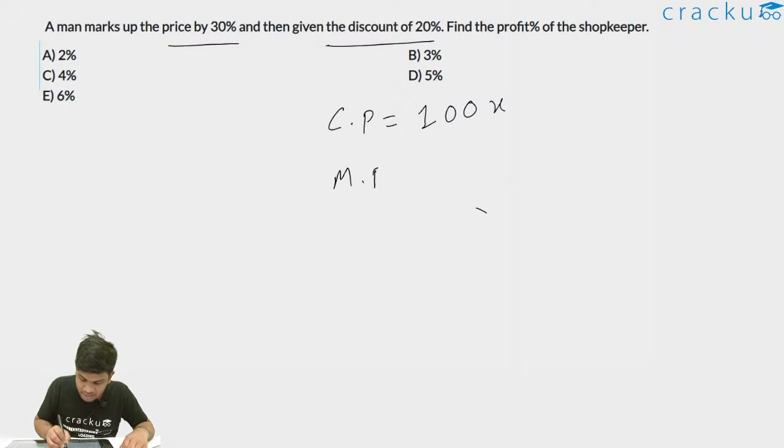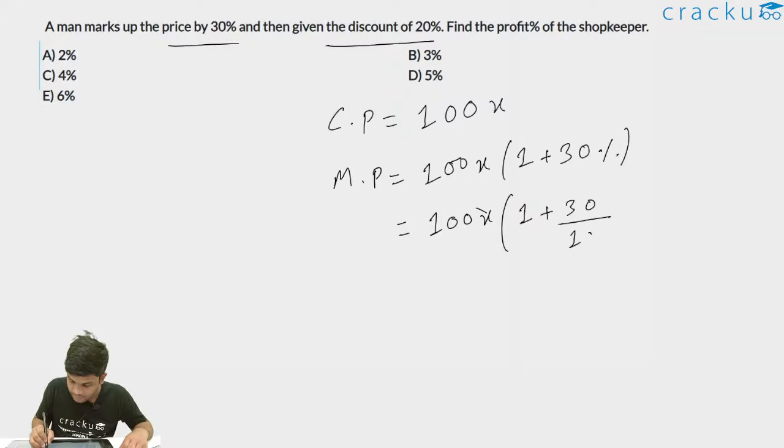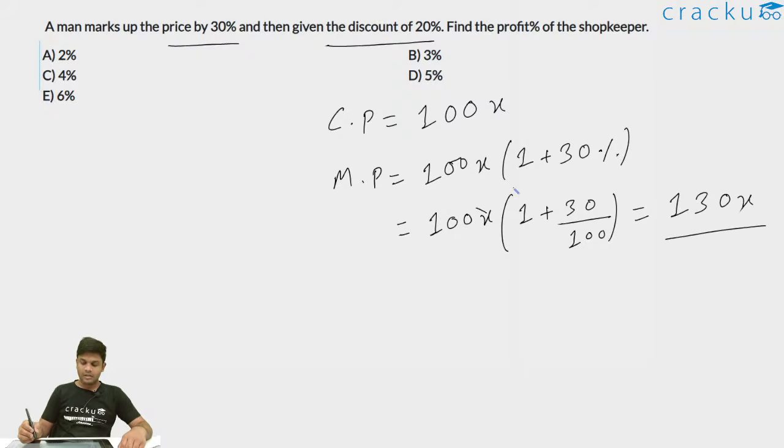So markup price will be 100x into 1 plus 30%. So when you multiply it, you get 100x into 1 plus 30 by 100. From here you will get marked price as 130x.